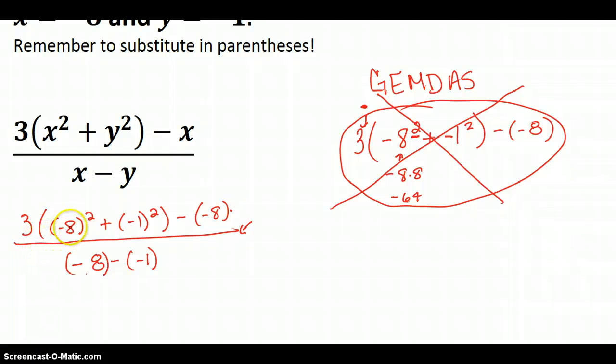So I'm going to go ahead and evaluate the top and the bottom separately. So I'm going to put the top here and the bottom here, and then I'll bring them together before I do anything else. So my top, I'm going to do 3 times, open parentheses. Now I can do these because they're exponents. I'm going to get -8 times -8, which is 64, plus -1 times -1.